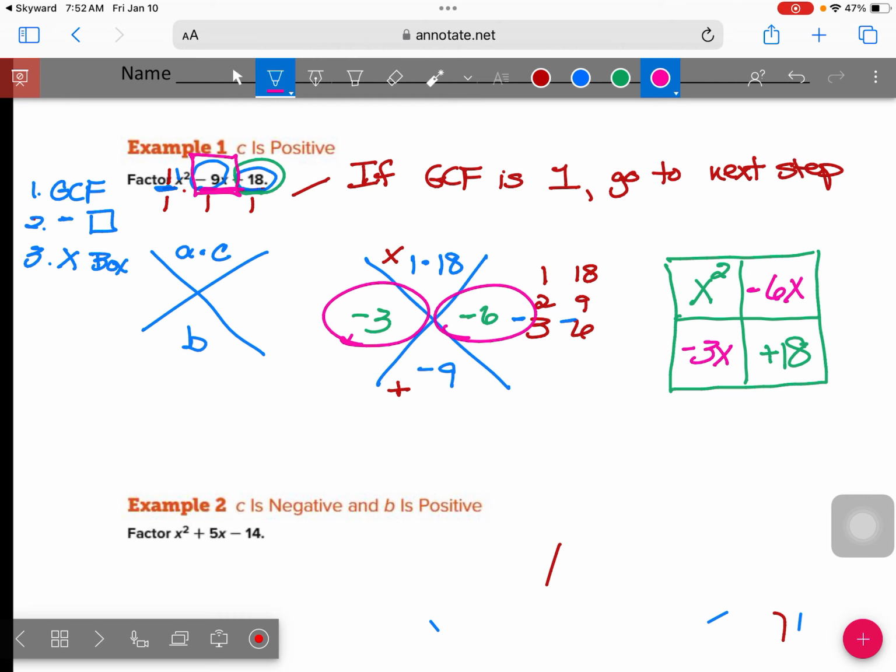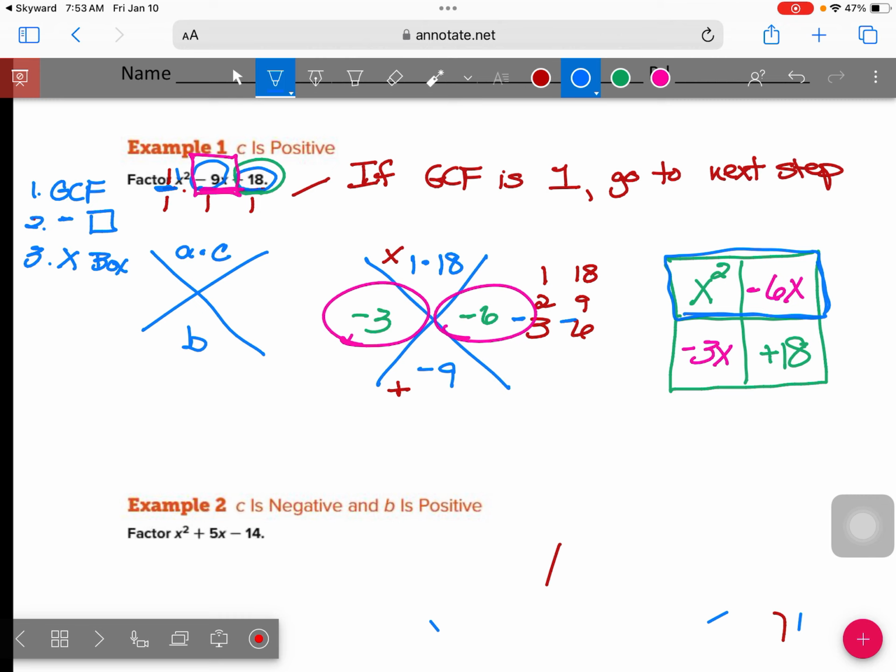Okay? Negative 3X and negative 6X. No, and you could put negative 3X up in the top one and you could put negative 6X in the bottom one. Doesn't matter.